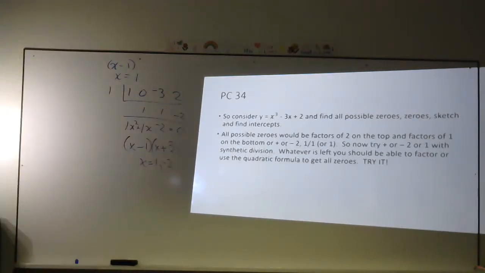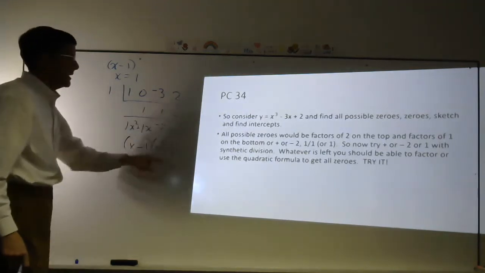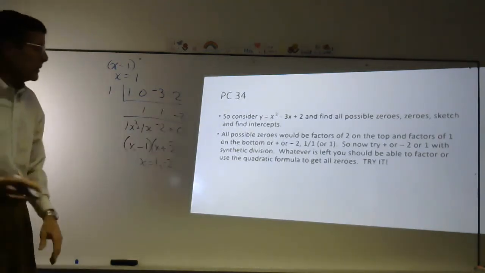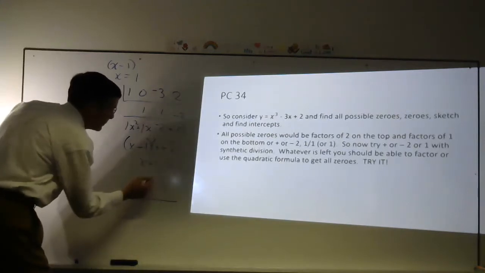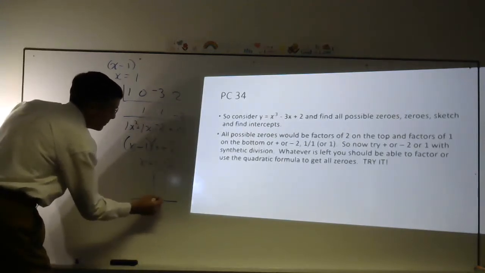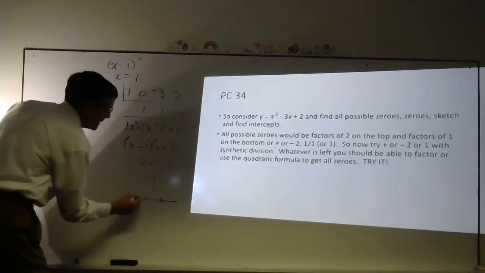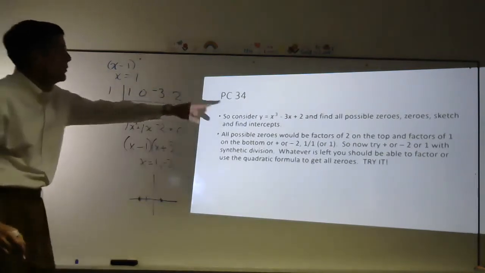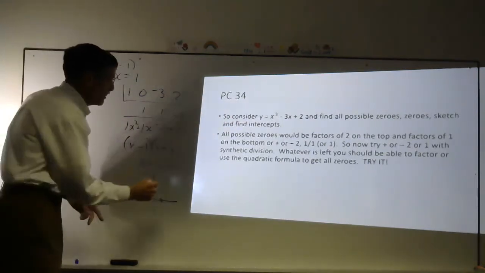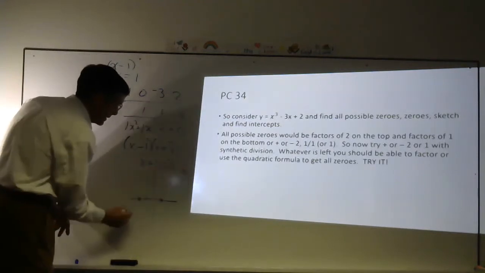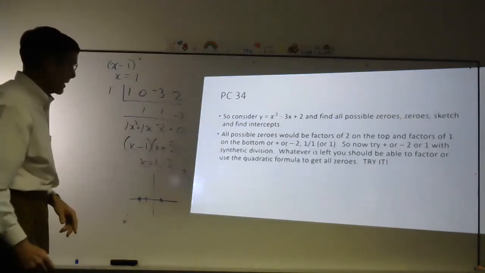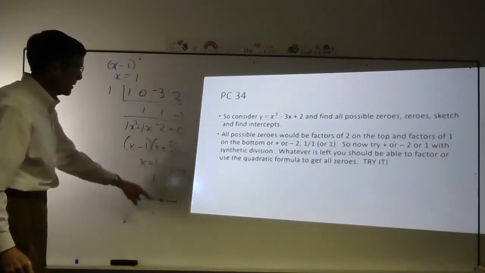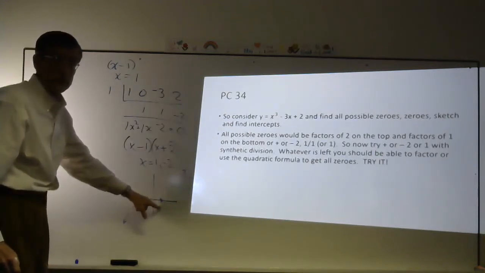So you end up with 3 zeros. You have 1 used twice, and -2, and go back to what we talked about the last time. If you want to sketch this, you have 1 used twice and -2. It is a cubic. A positive cubic end behavior is up on the right, down on the left, okay? And we know because 1 is used twice, it's going to bounce on the 1.